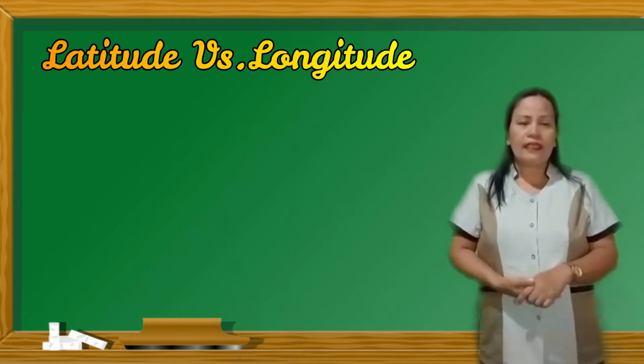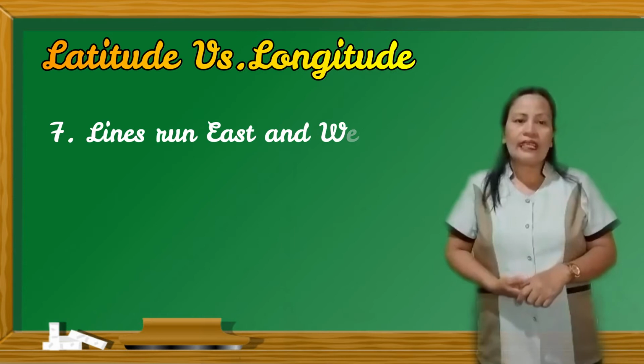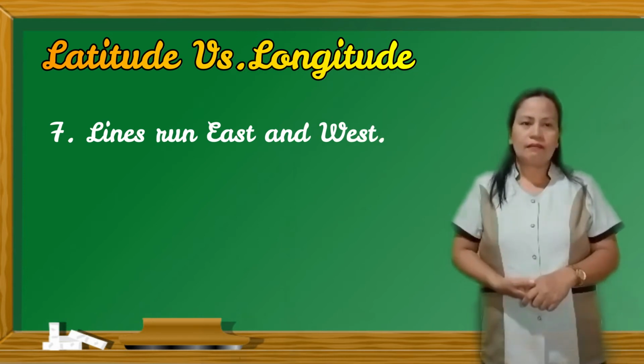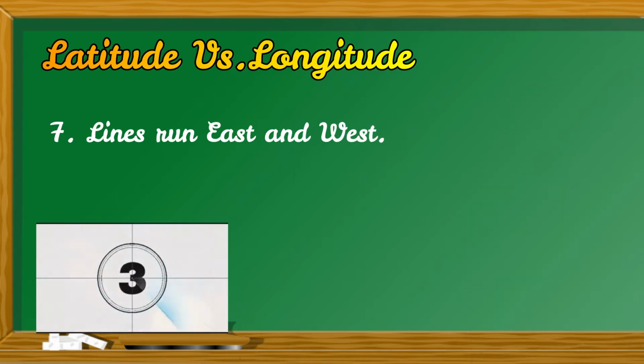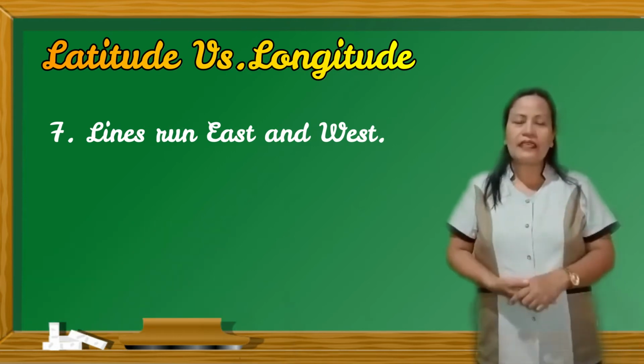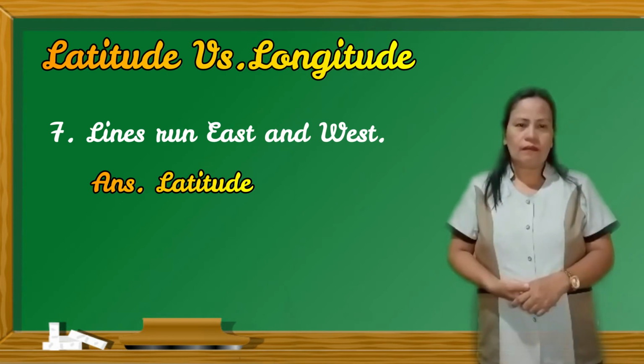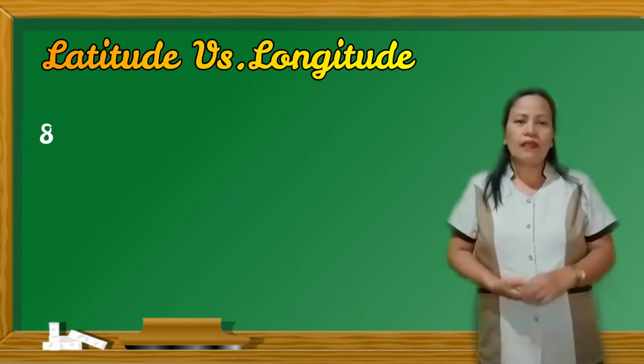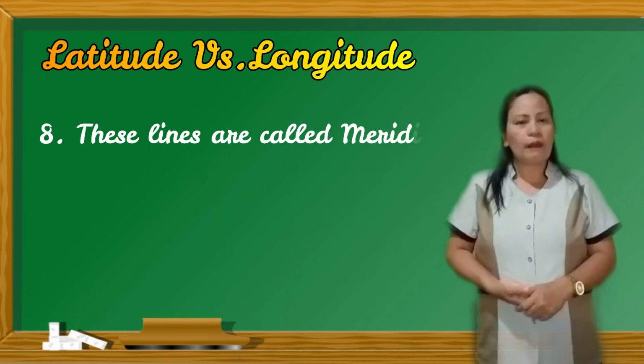Number 7. Lines run east and west. The answer is latitude. Number 8. These lines are called meridian.